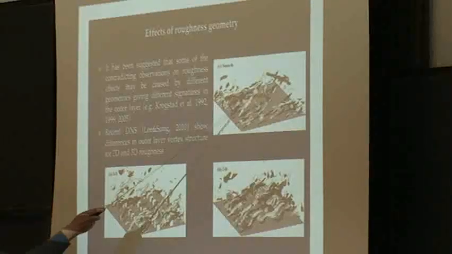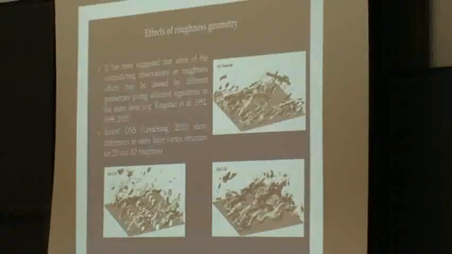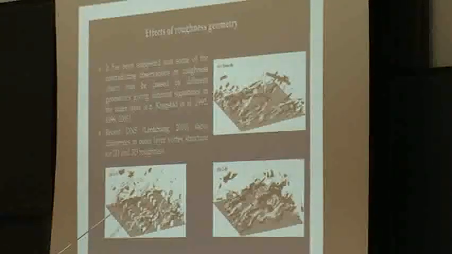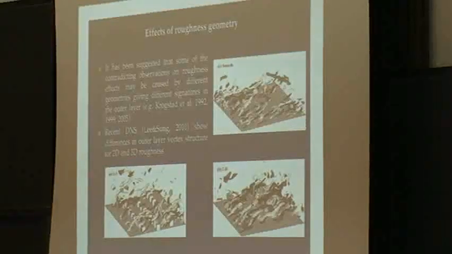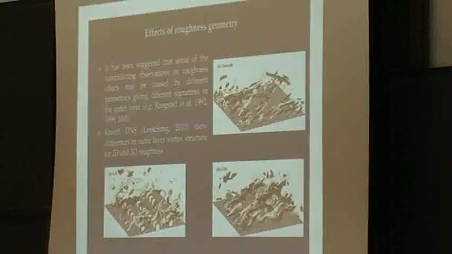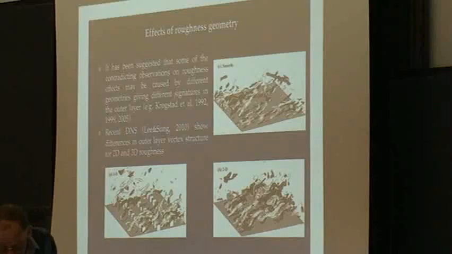And you can see that there seems to be structural differences between the smooth wall, the two-dimensional roughness, and the three-dimensional roughness. And I think that they have found by doing two-point correlations that the inclination of the structures are different and steeper for the two-dimensional roughness than for the smooth wall and three-dimensional case.